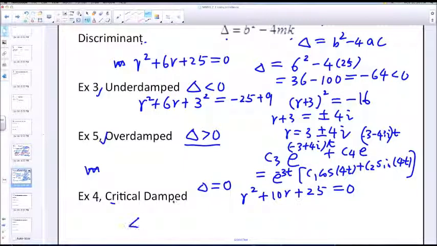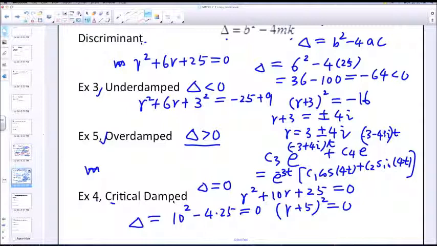So what's your delta? Your delta is 10 squared minus 4 times 25 equals 0. And then what you get is r plus 5 squared equals 0. You miss one solution. You only get r1 equals r2 equals negative 5 for that example 4.